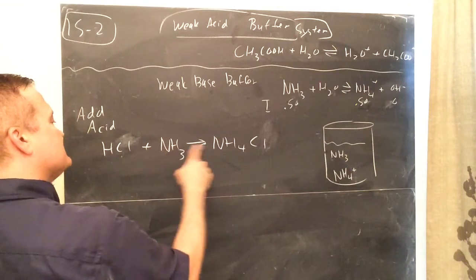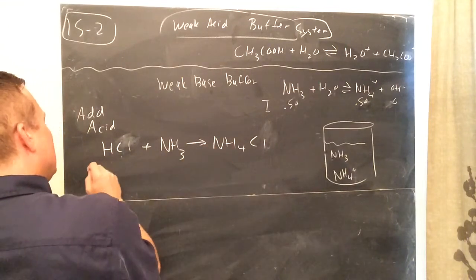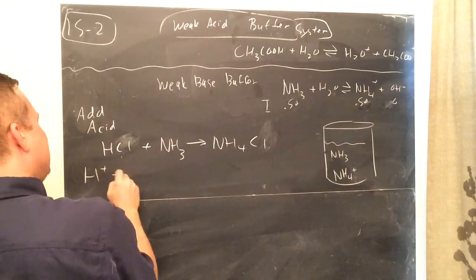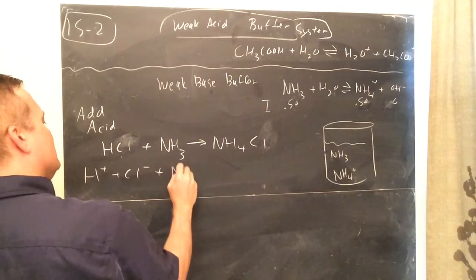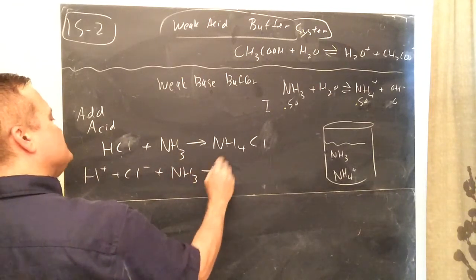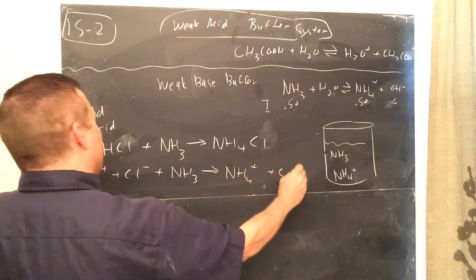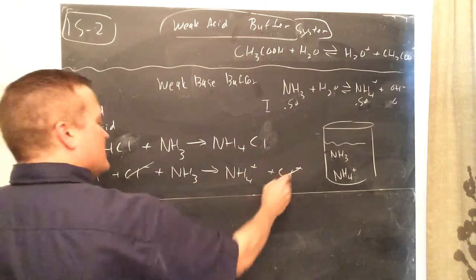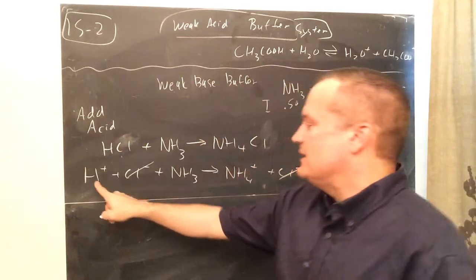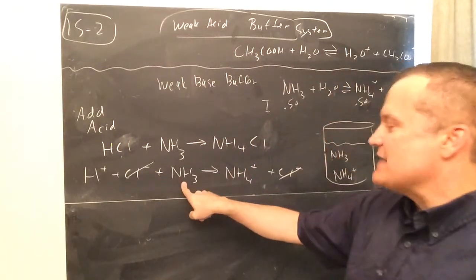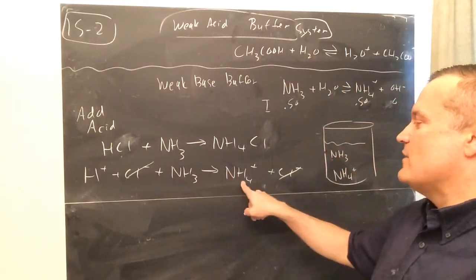HCl plus NH3, it's like a Lewis reaction. But now, if you do a net ionic, what's going to happen is you don't break up the ammonia, but you will break up the ammonium and chloride. And so the chlorides can come out. So really this tells you what's happening. You add acid, it attaches to ammonia and makes ammonium.